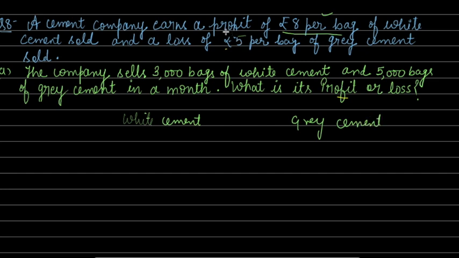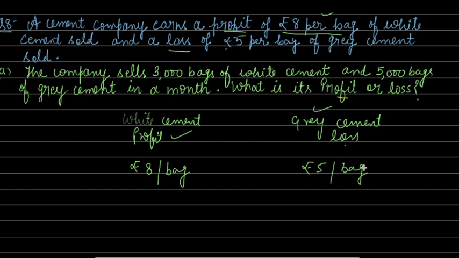On white cement, if you see, it is written that there is a profit, and on the grey cement there is a loss. Now how much is the profit? Profit of rupees 8 per bag. On one bag the company is getting a profit of rupees 8. Rather, when the company is selling a grey bag, there is a loss. Loss of how much? Rupees 5 per bag. So this is the question.